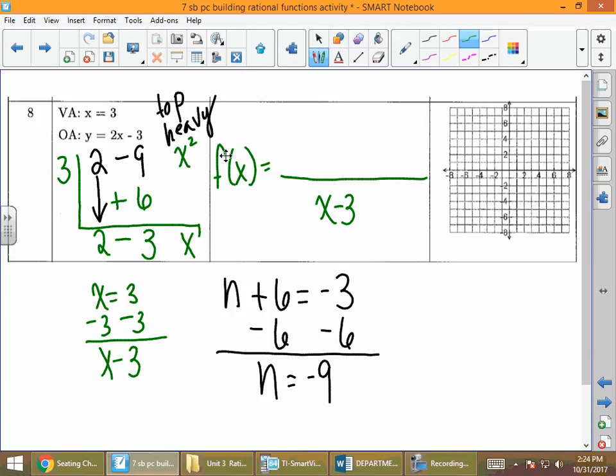We started with an x squared. So those black numbers there are going to be 2x squared minus 9x. And by the way, we can make this a trinomial. We're going to add some number here if we want. If you want to leave it just like that, you can.